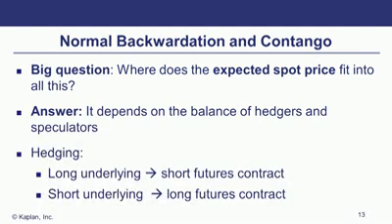Now, moving on to normal backwardation and normal contango. So backwardation and contango was simply the relationship between the spot price and the futures price. Now, very important, normal backwardation and normal contango are not the same as backwardation and contango. This is where we start involving the expected spot price of the asset.